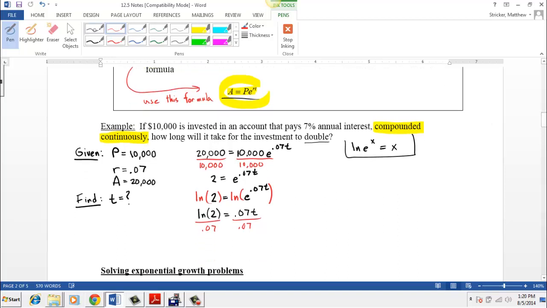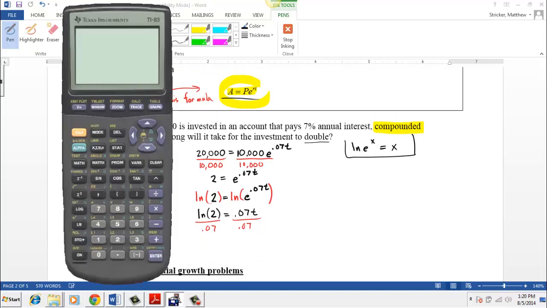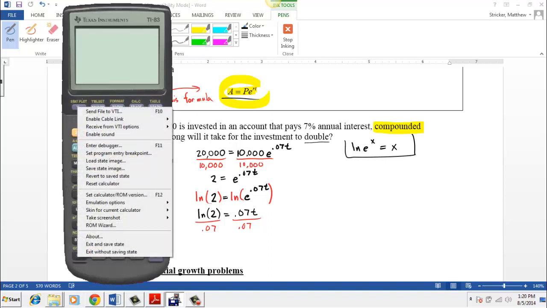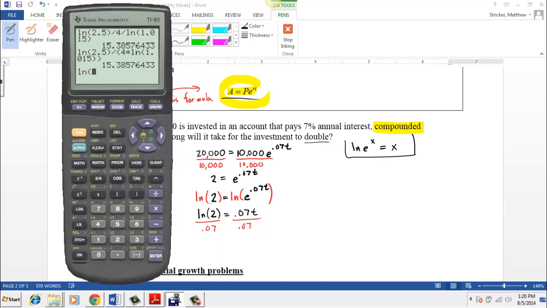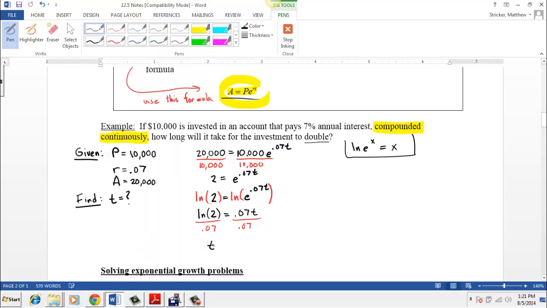It's very nice. So if we go ahead and calculate this, natural log of 2 divided by 0.07 is 9.9. So t is about 9.9 years.